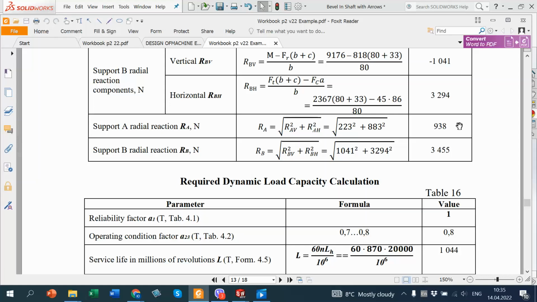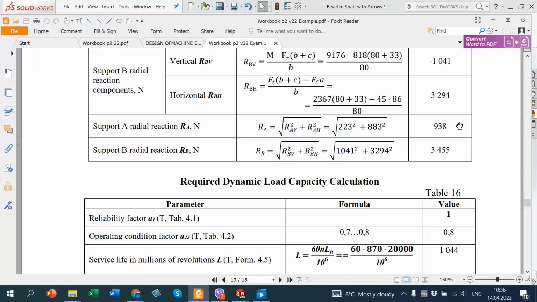Sometimes, for example, in airplane designs, there may be another solution when we calculate and select bearing for each support separately, but it saves our weight, and design will be lighter, but it is more expensive.